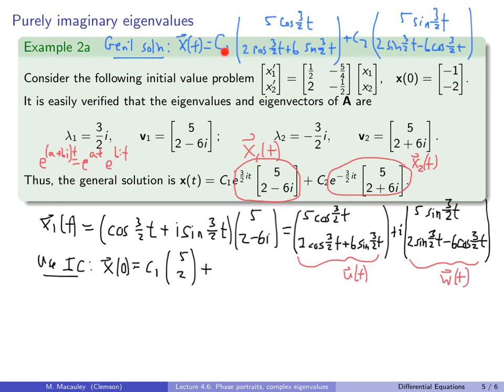I should have called these d1 and d2, but I think it's fine. Okay, so plugging 0 into here, we get 5 times 0, that's 0. So c2 times 0.